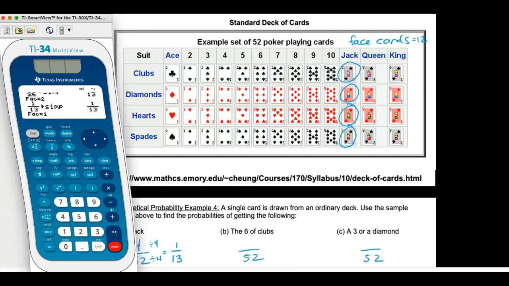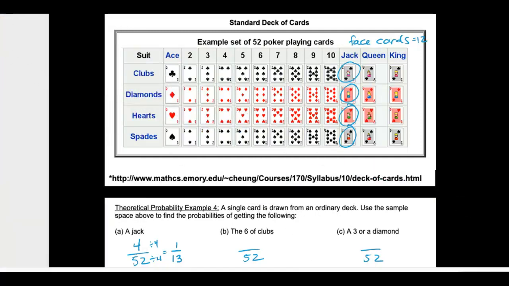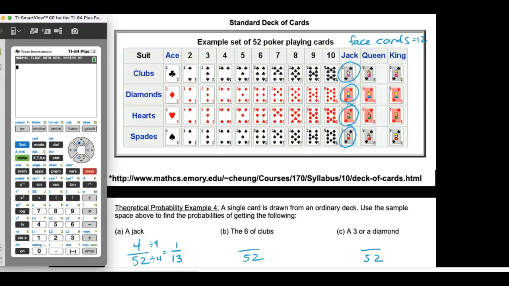If you have a graphing calculator, I'll show you how to do that. What you can do is divide 4 divided by 52 and hit the math button. So math, enter, enter. And so you get 1/13. And then you can see the decimal over here.